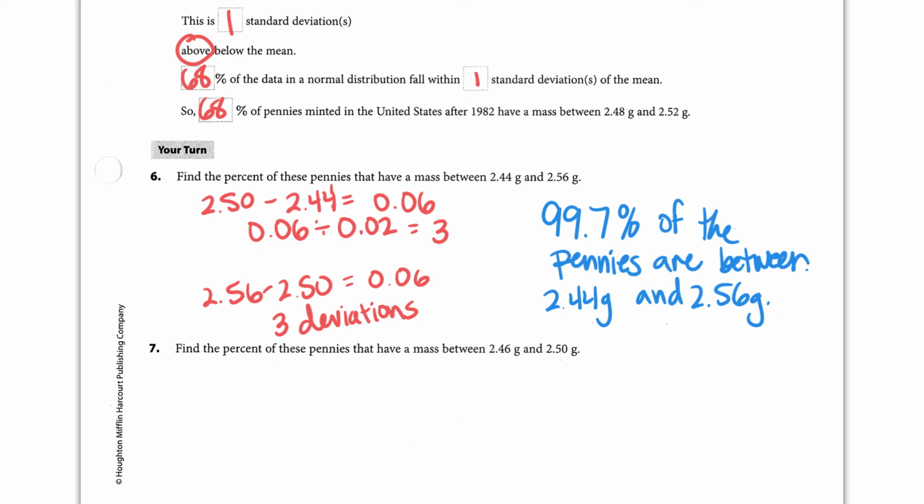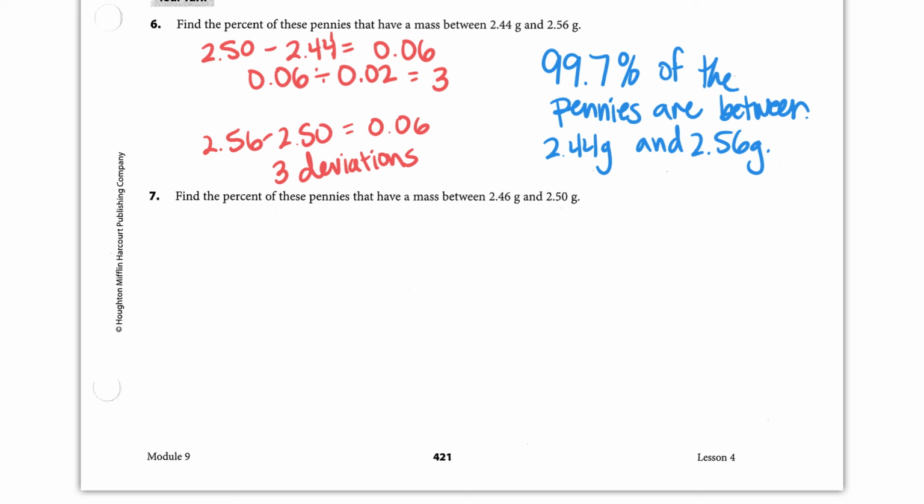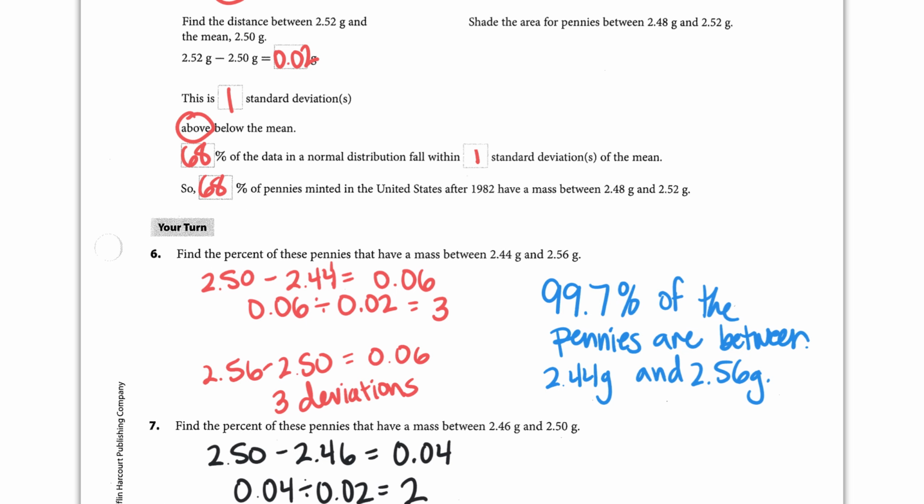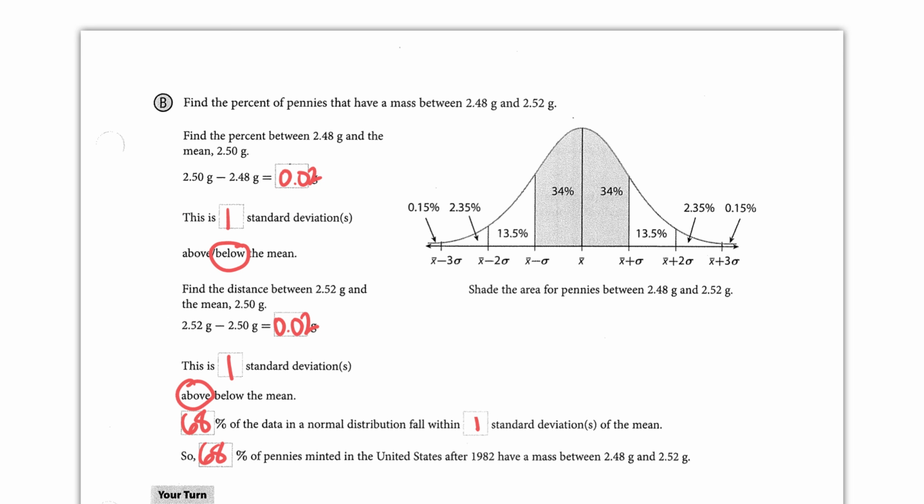Find the percent of these pennies that have a mass between 2.46 and 2.50. Start by subtracting. That is 0.04. Divide by the standard deviation to figure out how many. And that is 2 standard deviations away. So if we scroll back up, it is 2 standard deviations below the mean.